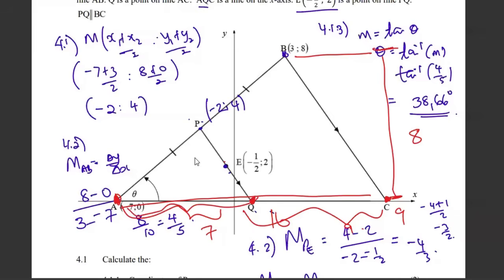And then we can also use the height of 4. Get the area of this big triangle minus the area of the small triangle. But what we've also discovered was that the gradient of, no, they are not perpendicular. So we don't need to make that allegation. So what do we need? What do we need? Distance AB.